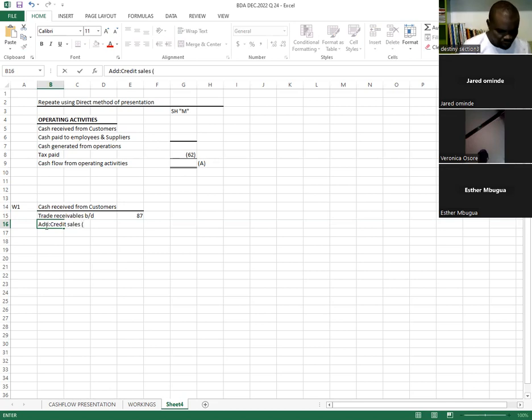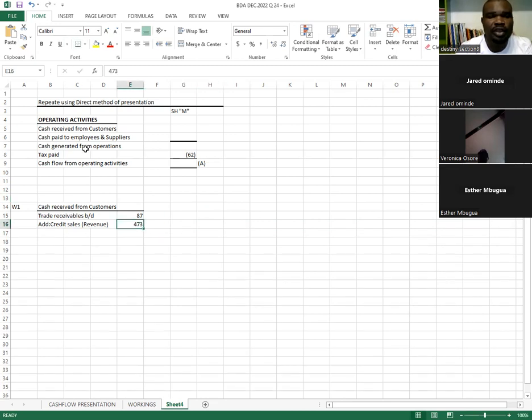In this question, nobody mentioned credit sales, so I'm going to assume that the entire amount of revenue was on credit. So revenue was 473. So in total, we are expecting that at the end of the year, receivables, which are outstanding debts, should be 87 plus the credit sales, which is the revenue in this case, to be 560.